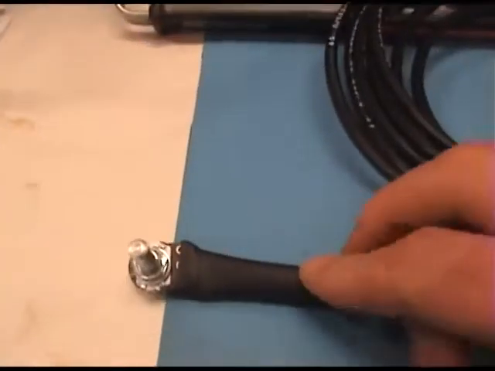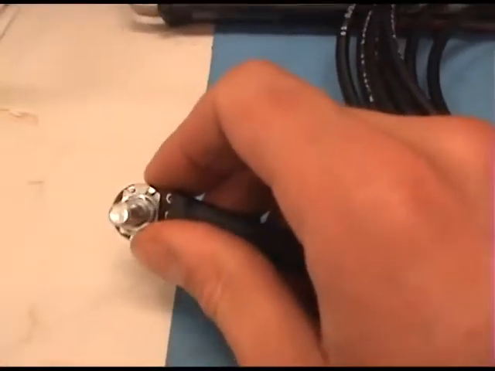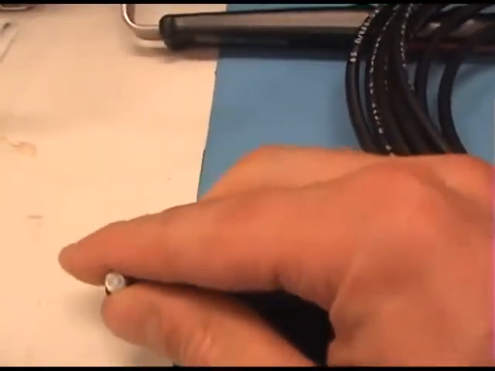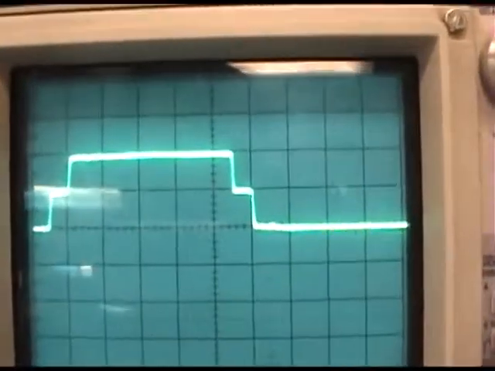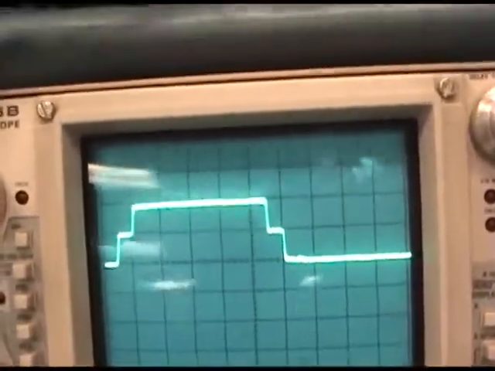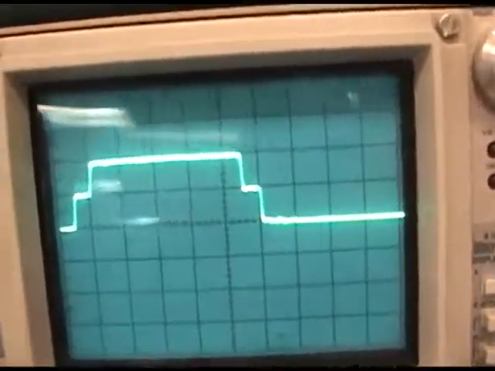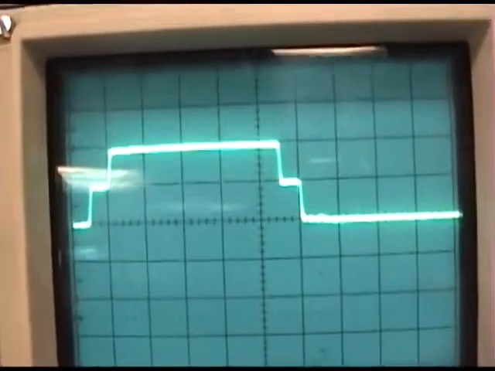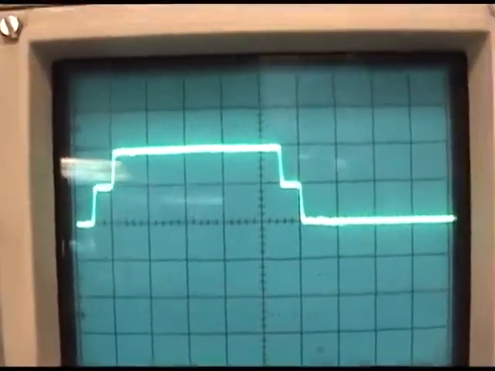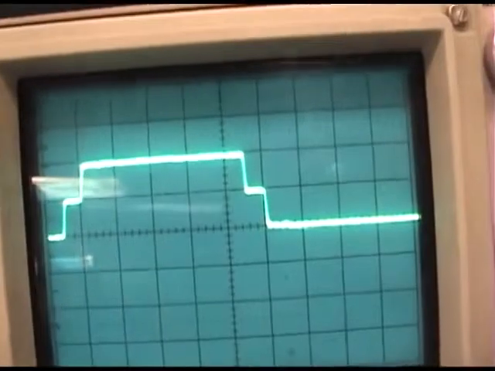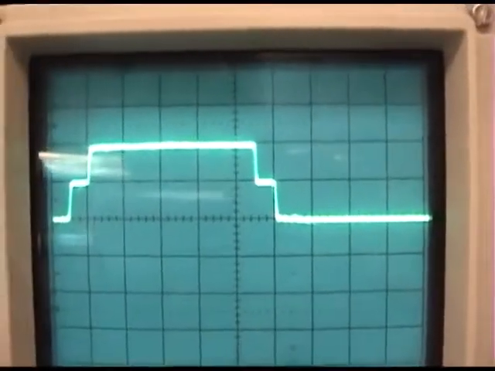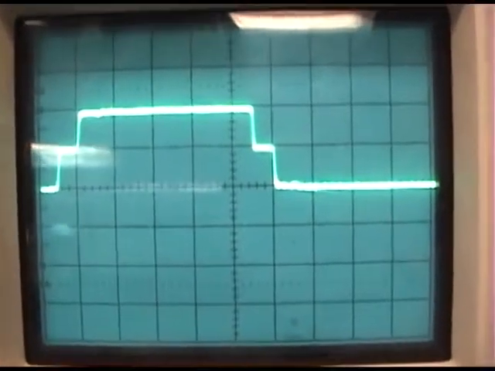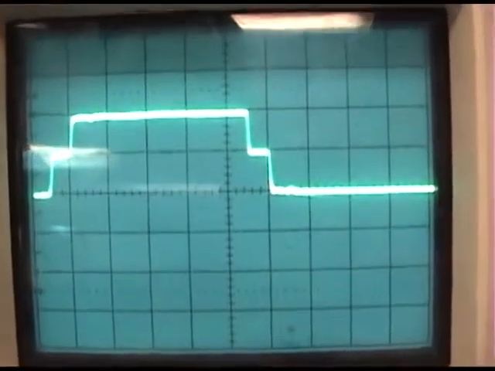This potentiometer is a 10 kilo ohm potentiometer, turned all the way to one end, which is 10 kilo ohms right now. Because the 10 kilo ohms is so much larger than the 50 ohms of the cable, the pulse looks the same as it did before when we had an open circuit.